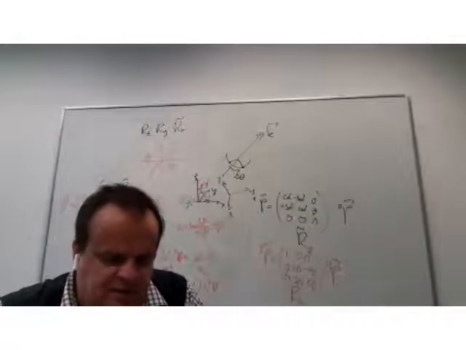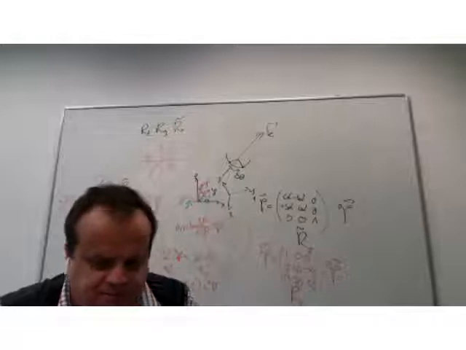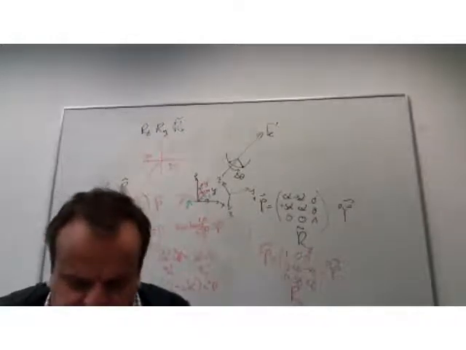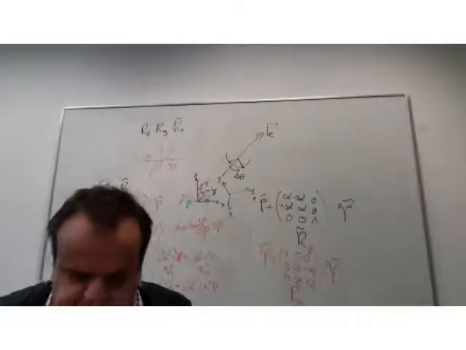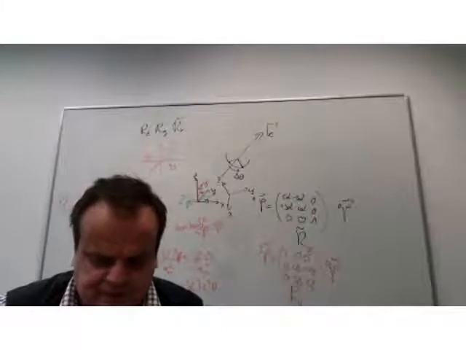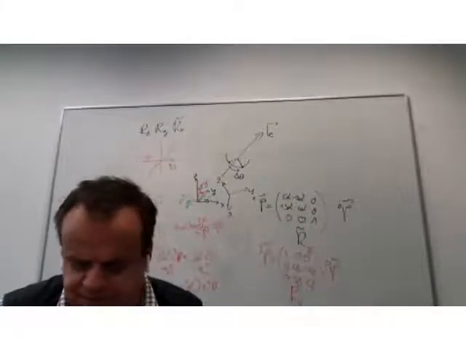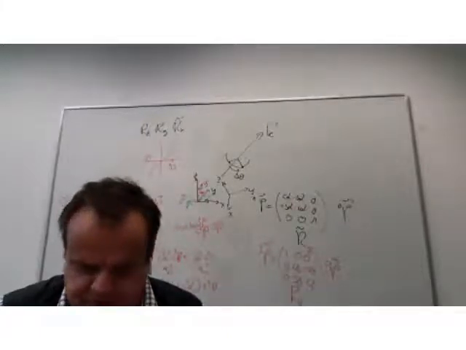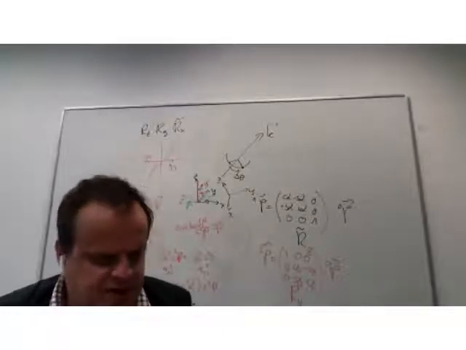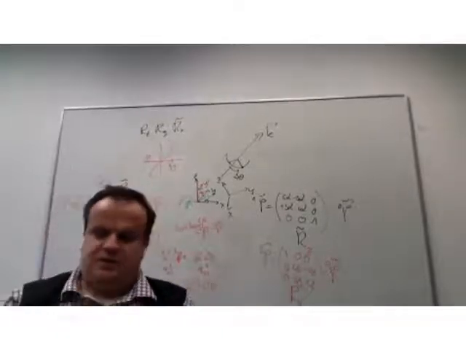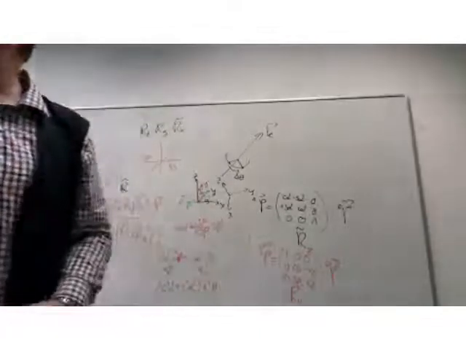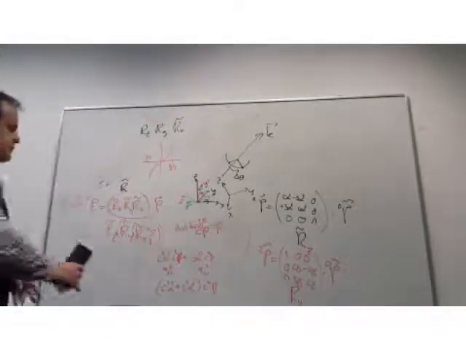But in the end, there is always some singularity which you need to deal with. That's why there is a different way of explaining the rotation in space, and this is the axial angle representation, which I started explaining already before.